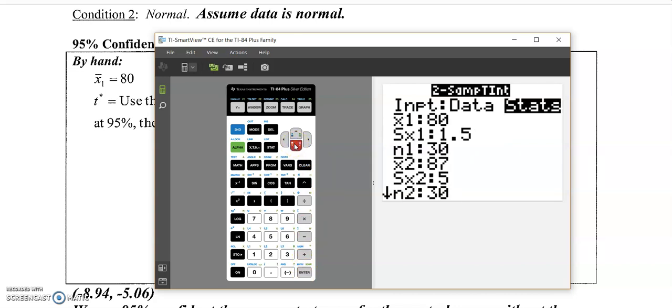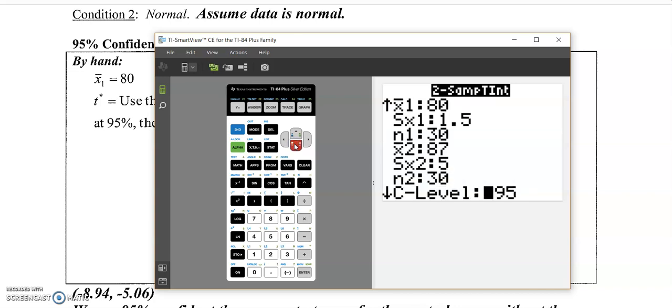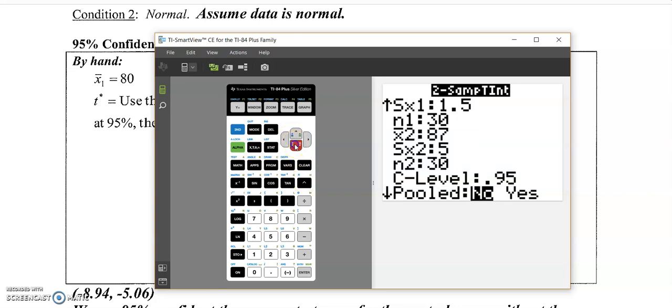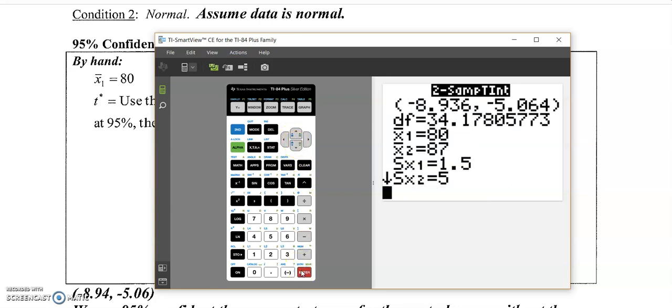The numbers come over where x bar 1 is 80, S1 is 1.5, n1 is 30, x bar 2 is 87, S2 is 5, n2 is 30. Our confidence level is 0.95. Double check that. Pooled is still no. Hit enter on calculate, and it comes very close to what we got by hand. Negative 8.94, negative 5.06.